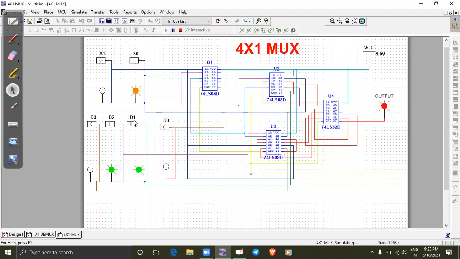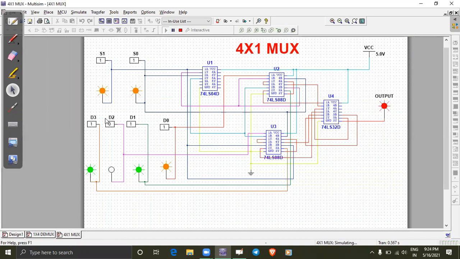When I select 01, it gives D1 as the output; when I change the state of D1, it doesn't glow. When I give 10, it gives D2. We can change the other inputs to check the condition, yet it doesn't affect the output.